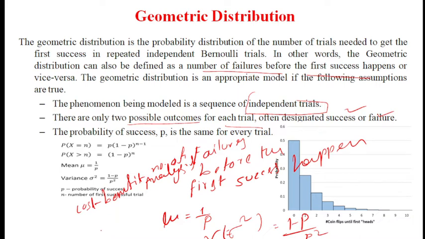Another example for the geometric distribution: suppose a die is repeatedly rolled until 3 is obtained.